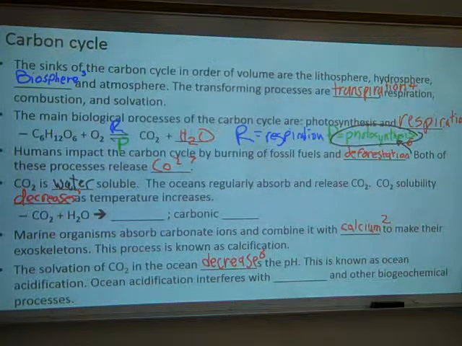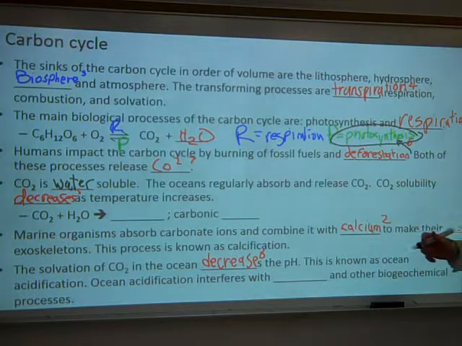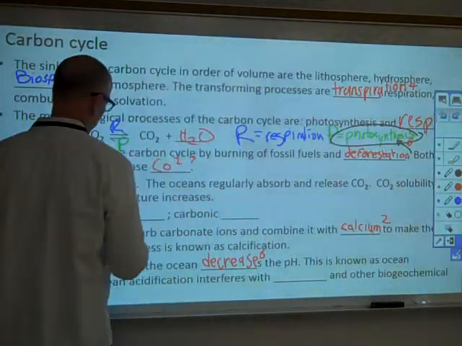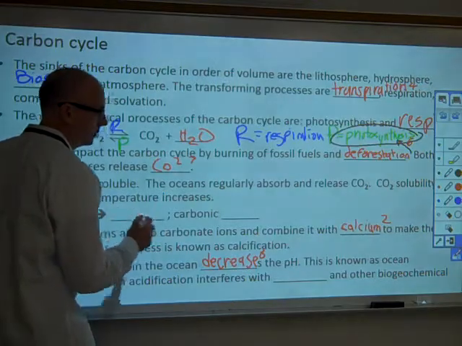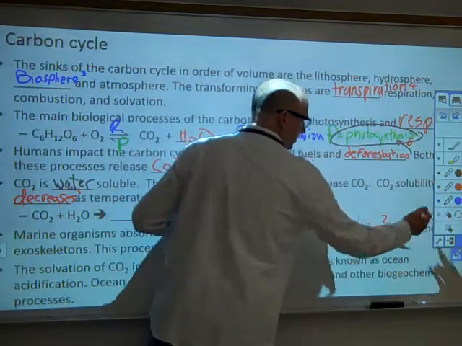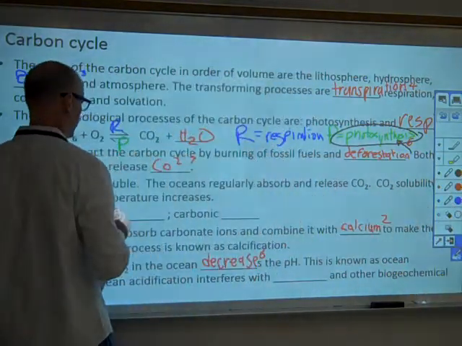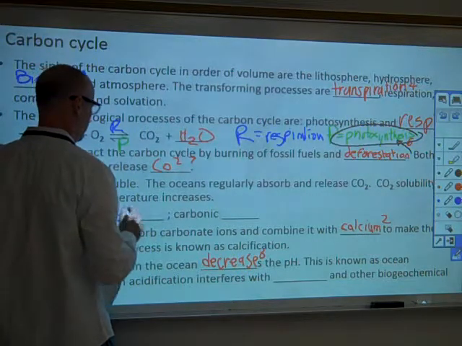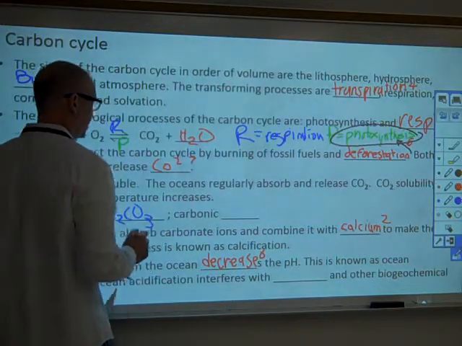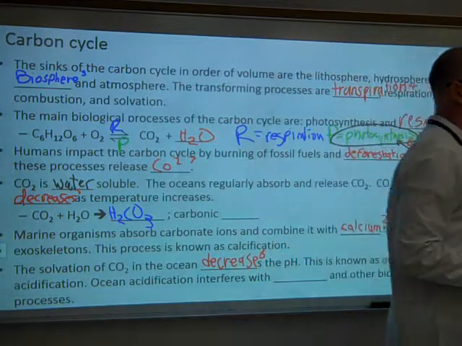Okay. So when CO2 dissolves in water, it goes through a little reaction, a partial reaction to be completely honest with you, but it forms hydrogen carbonate.